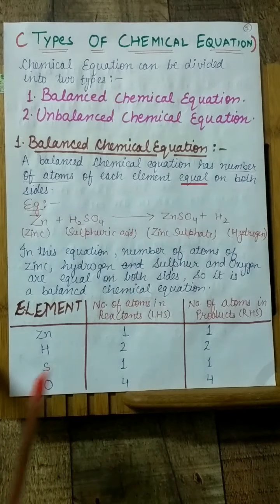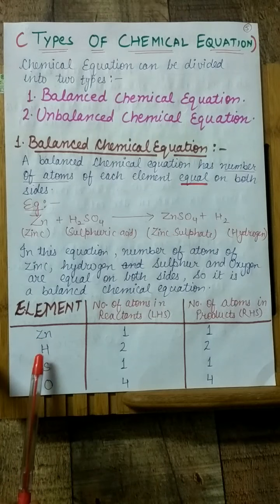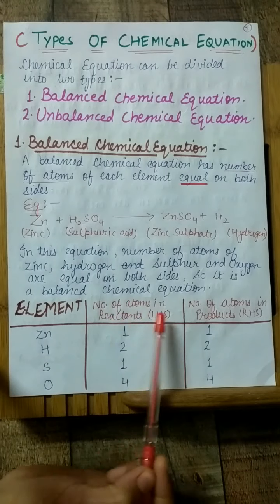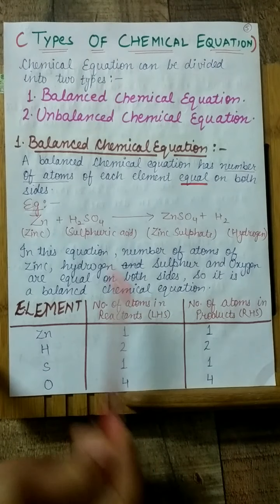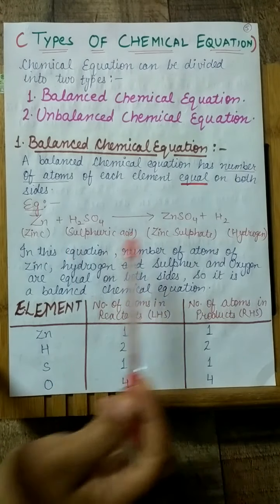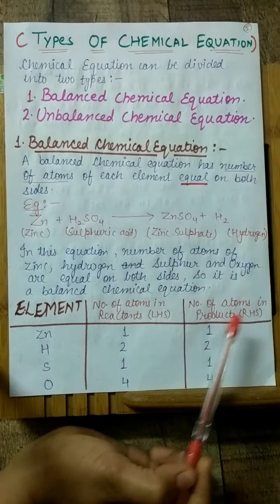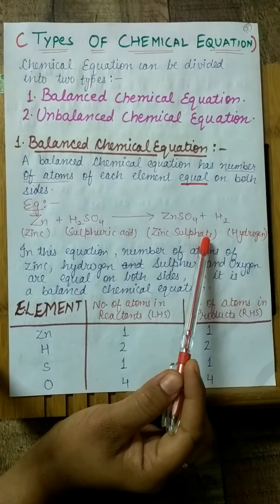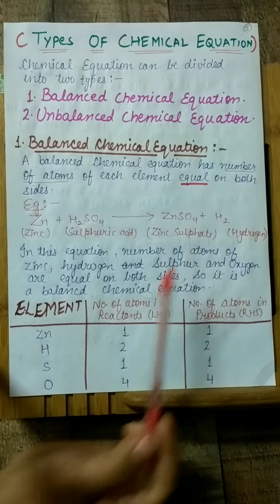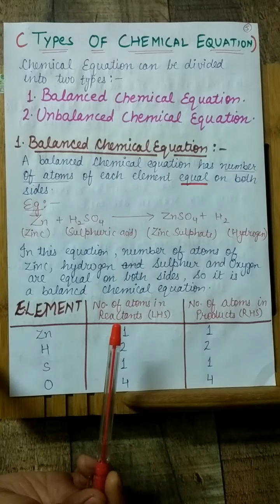As I have already told you, there are four elements: zinc, hydrogen, sulfur and oxygen. Now we will see the number of atoms in reactants, mean to say on the left hand side, and the number of atoms in products, that is on the right hand side. I will tell you how to count it.